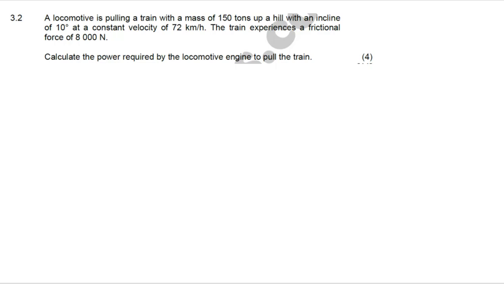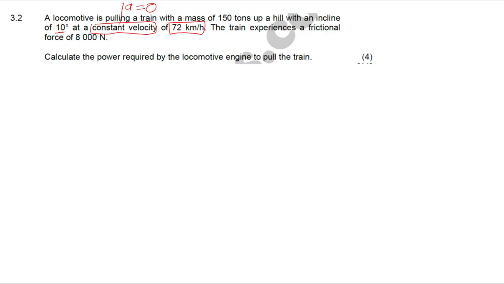The question reads: a locomotive is pulling a train with a mass of 150 ton up a hill with an incline of 10 degrees at a constant velocity. If you see constant velocity, we know that the acceleration is equal to 0. The speed is 72 kilometers per hour.